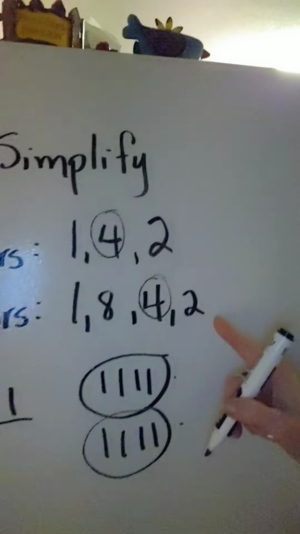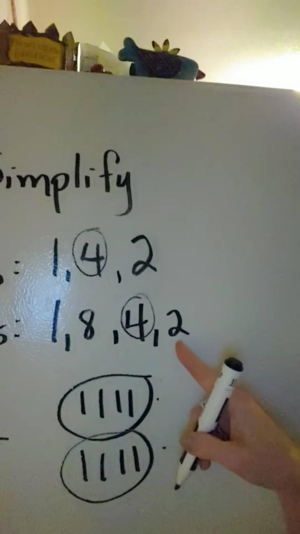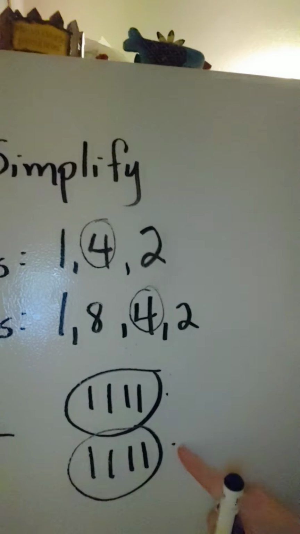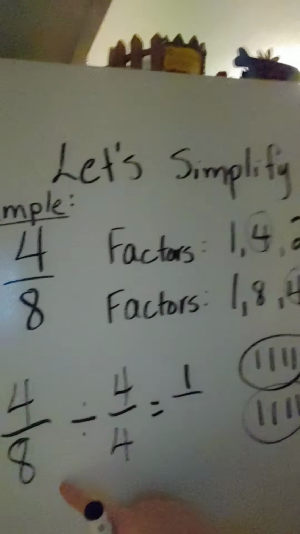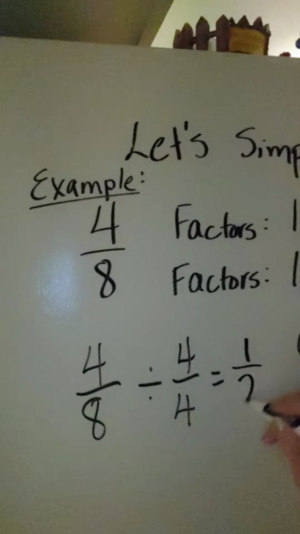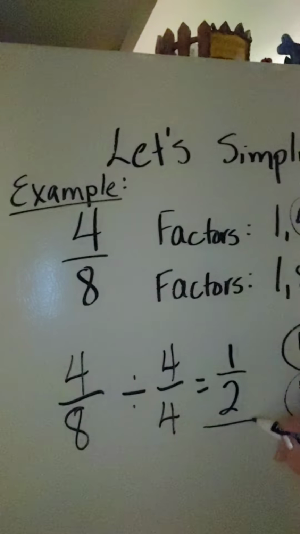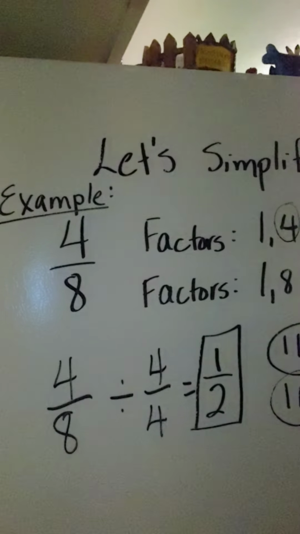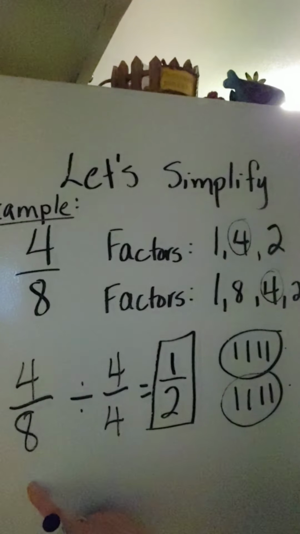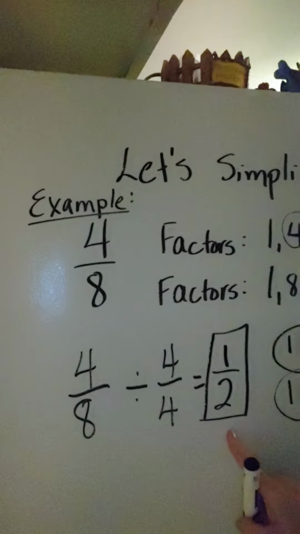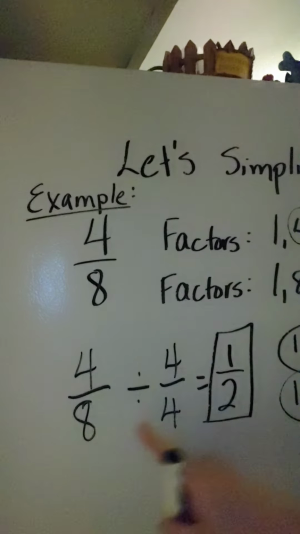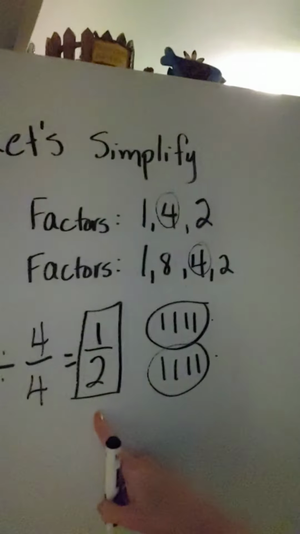And just like we saw in the factors, 4 times 2 is 8. 2 groups of 4 are in 8. And so 8 divided by 4 is 2. And now I have simplified the fraction 4/8 to its lowest term. So it's an equivalent fraction. 1/2 is equivalent to 4/8, and it's expressed in its lowest terms.